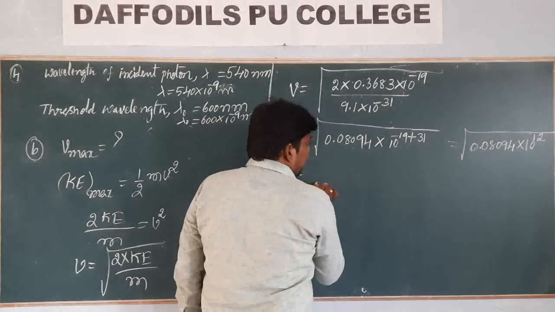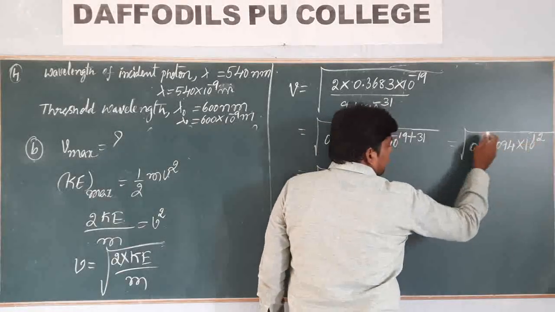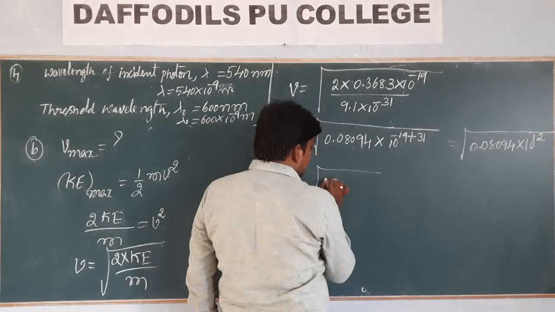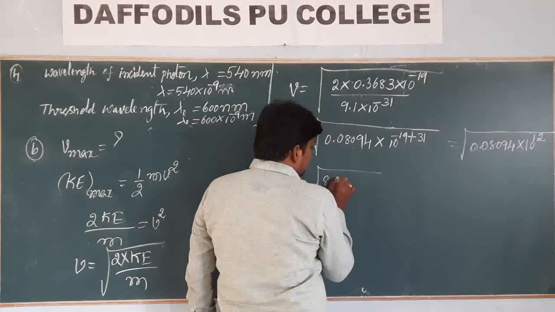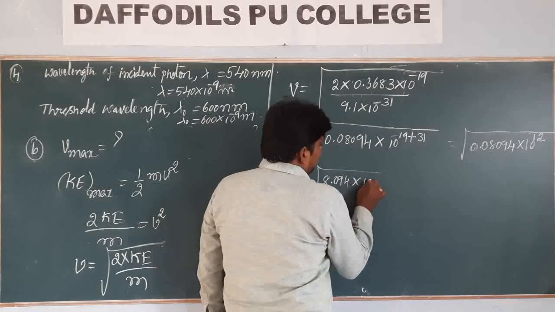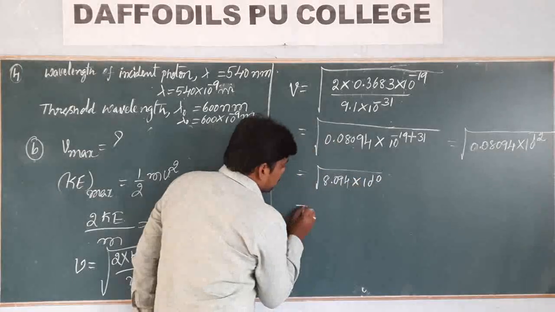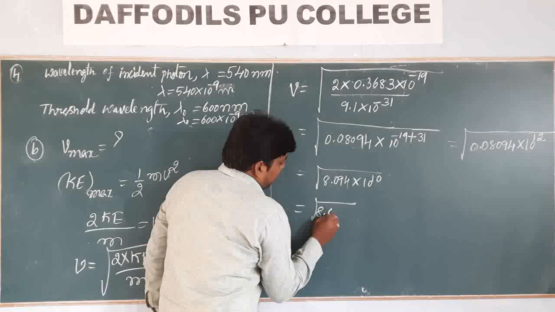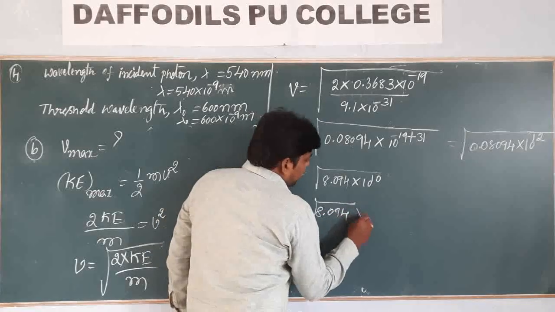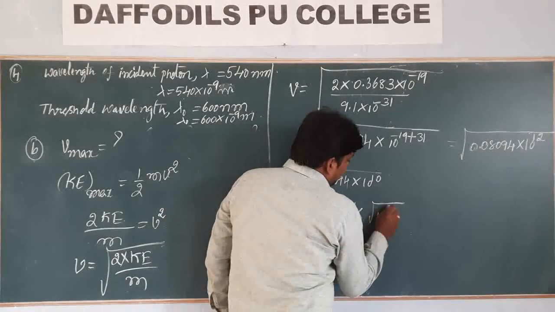Now you can express this in terms of 10 to the power 10. That will be 8.094 into 10 to the power 10. Now simplify this. Square root of 8.094 into square root of 10 to the power 10.